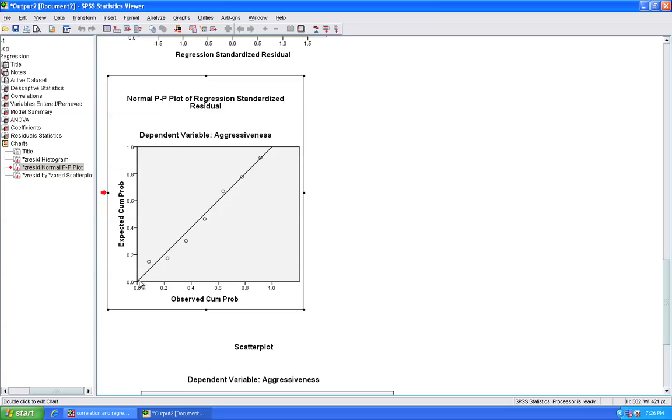In every normal probability plot, we will get a solid line plotted along the diagonal. And what we're looking for is our data to not have too much of a pattern and fall very close to that line. In this case, we see some differences between the data point and the line, but they are fairly small. So I'm not so concerned about the lack of normality in this data set.